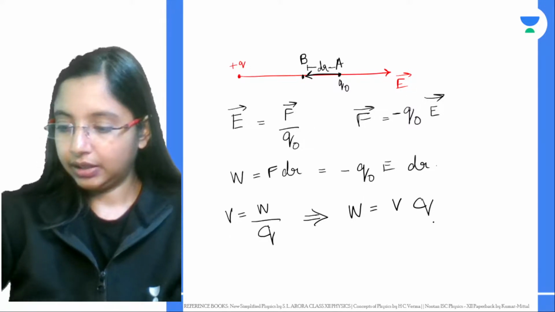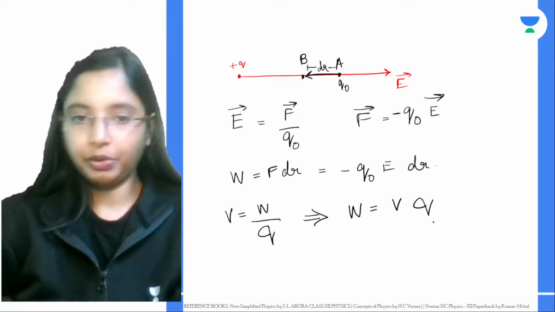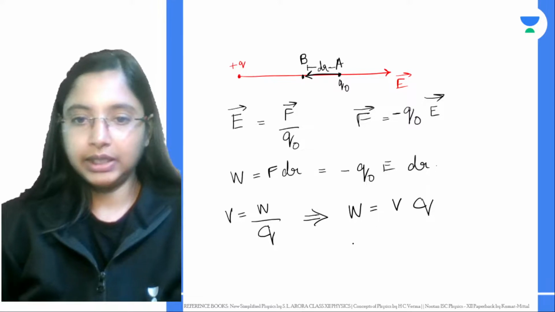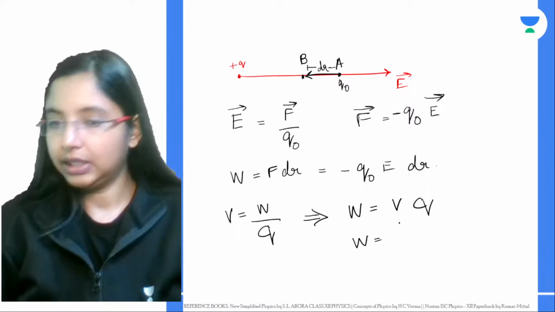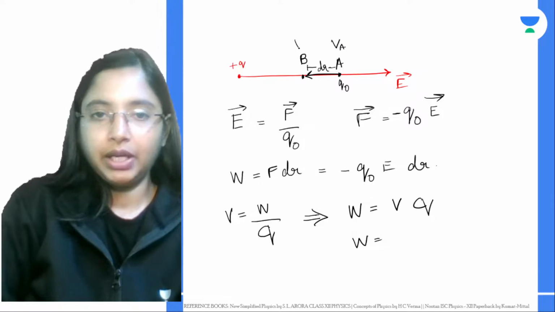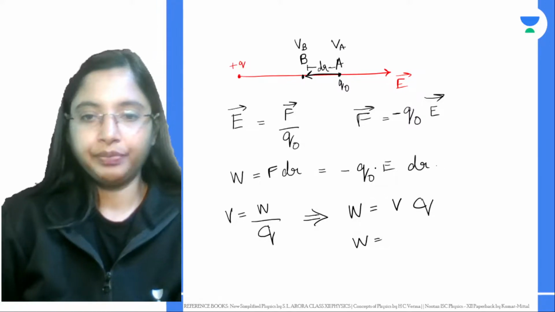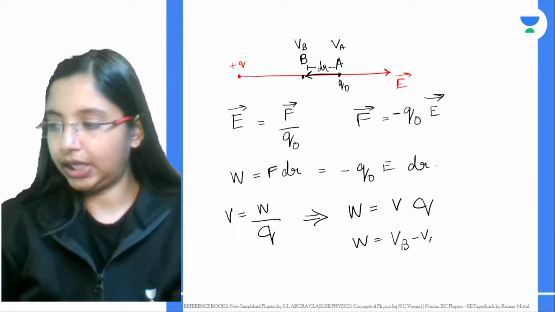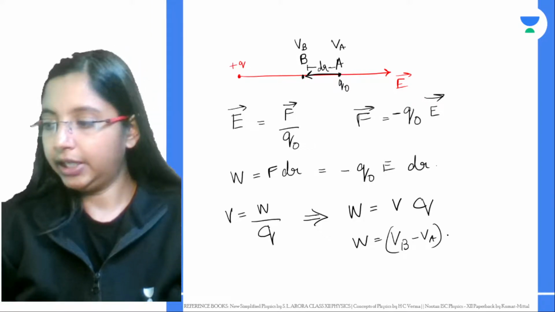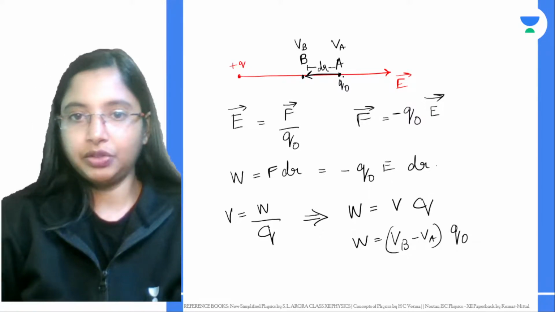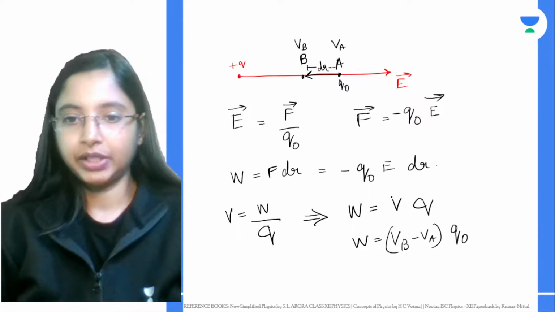In this case, the potential difference is given by the potential at this point A, that is VA, minus the potential over here. So potential difference is actually given by VB minus VA, into the charge. The charge in this case is Q0, because you're moving this charge against this.